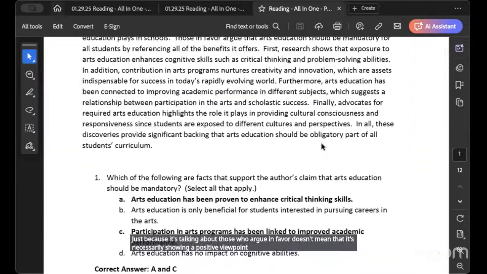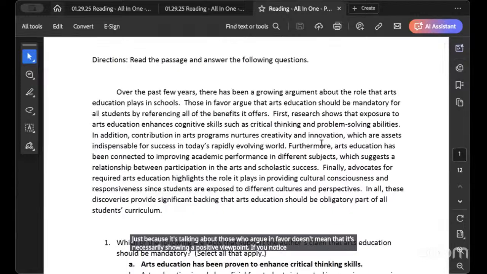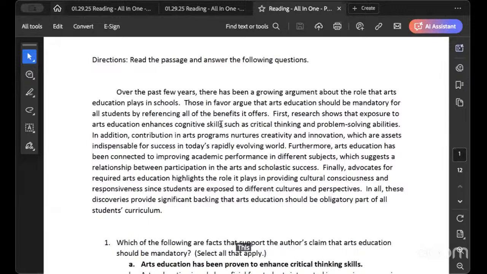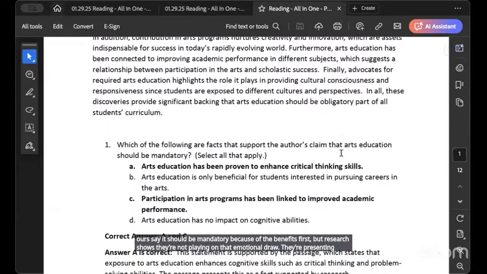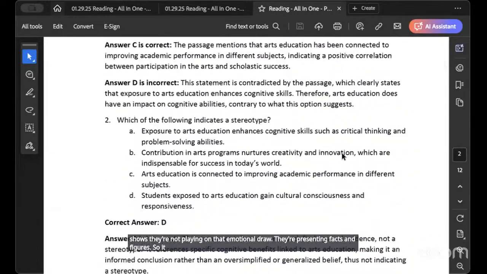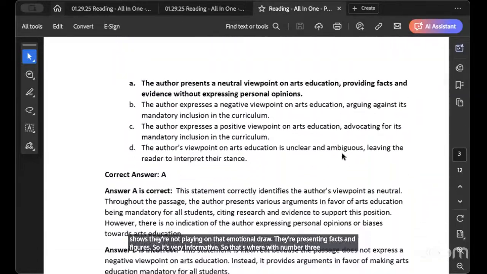If you notice, there were no value words, there were no strong bias words. While it's presenting a side, those in favor of arts say it should be mandatory because of the benefits, they're not playing on that emotional draw. They're presenting facts and figures, so it's very informative. That's where number 3 gets to be a little bit tricky.